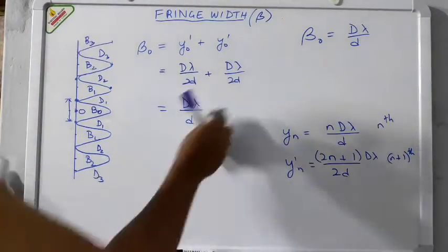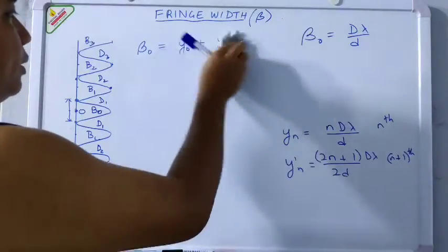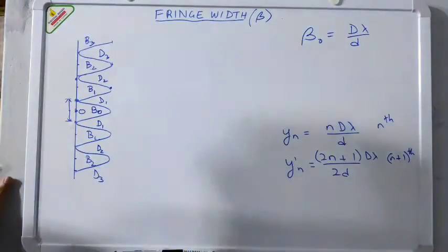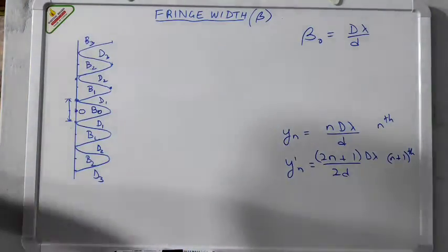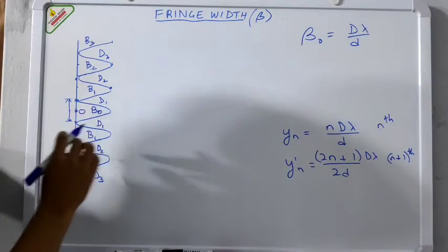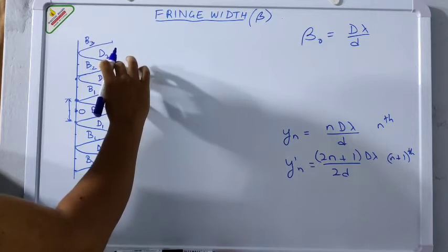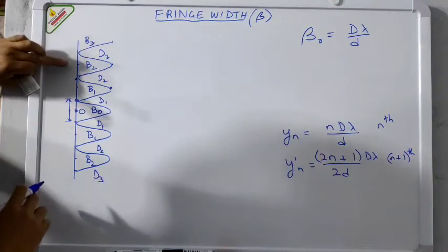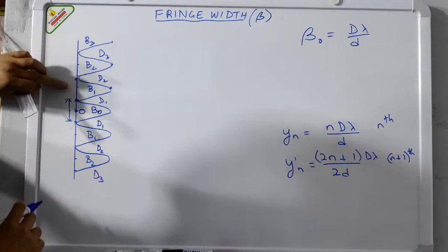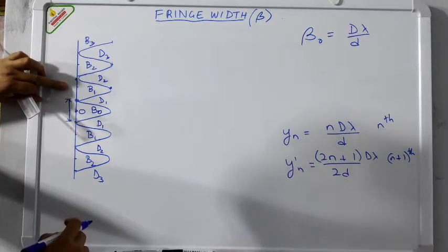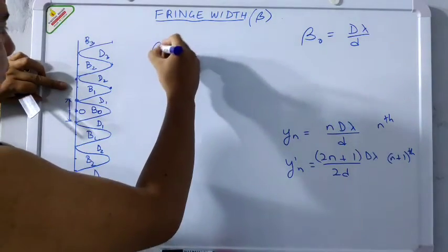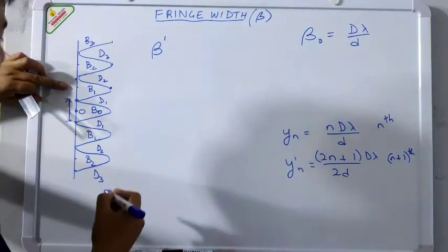Next, let us calculate the width of the dark fringes. Let us choose one dark fringe, this one, B2. The width of B2 will be the position of B2 minus the position of B1, denoted by beta dash.